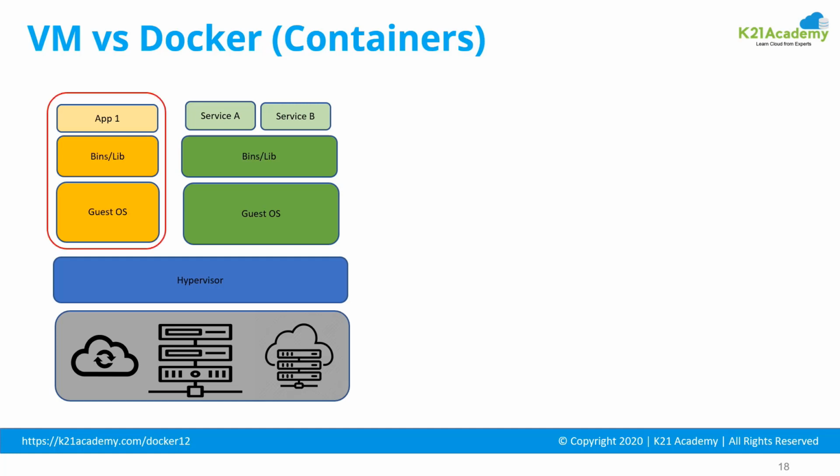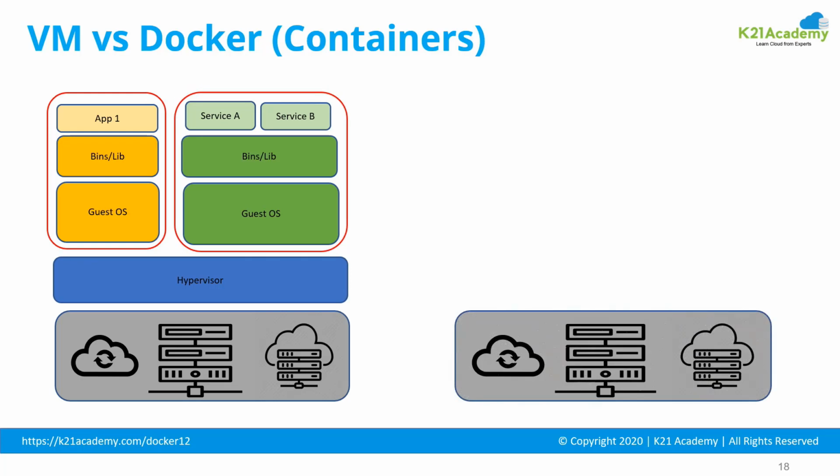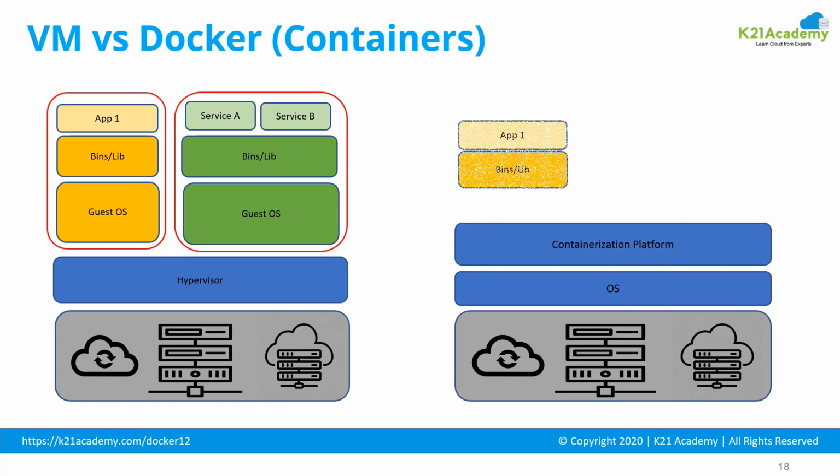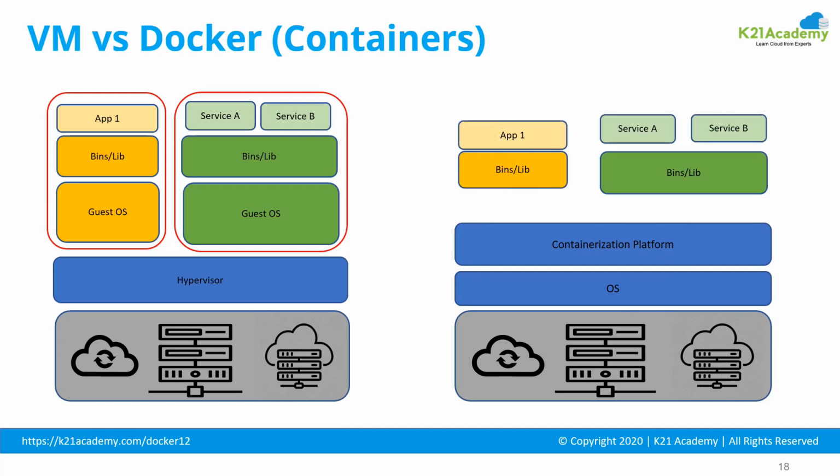The time it takes to start these applications with a virtual machine is quite long. It takes a few minutes to start these virtual machines. Moreover, these virtual machines are big and bulky and resource intensive, whereas containers are lightweight and take just a few seconds and far fewer resources compared to a virtual machine.